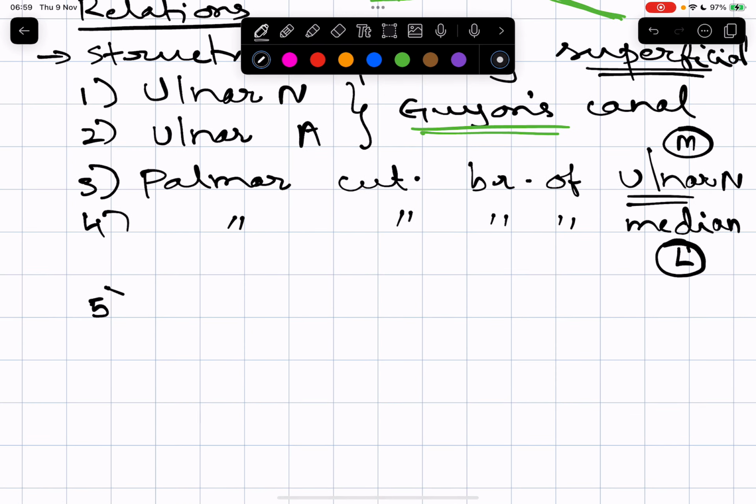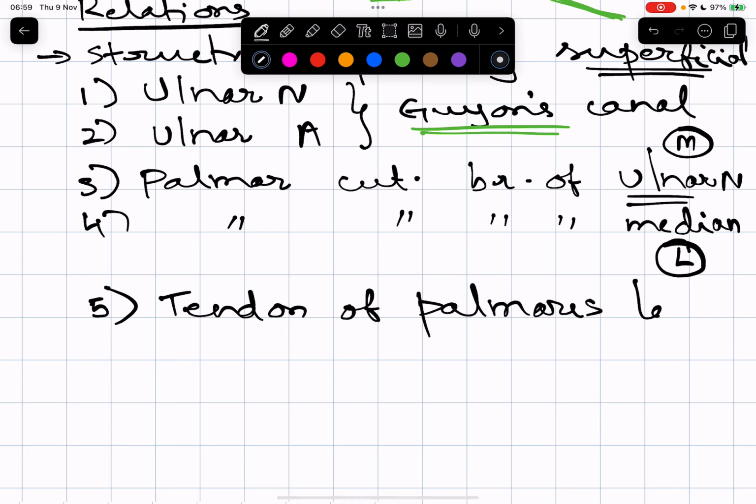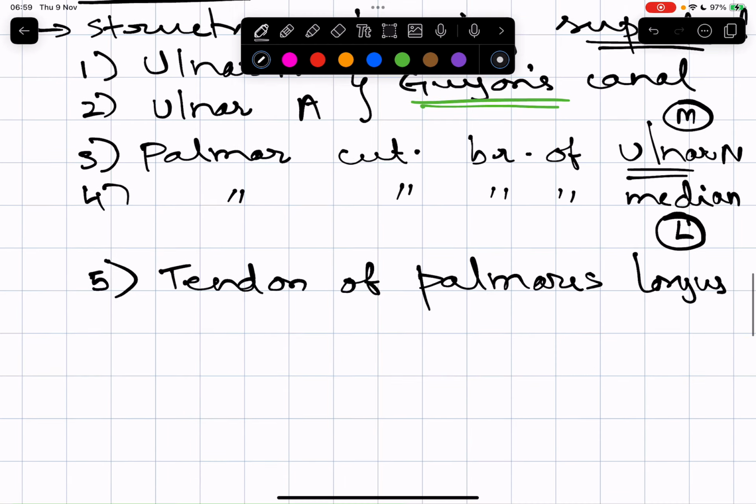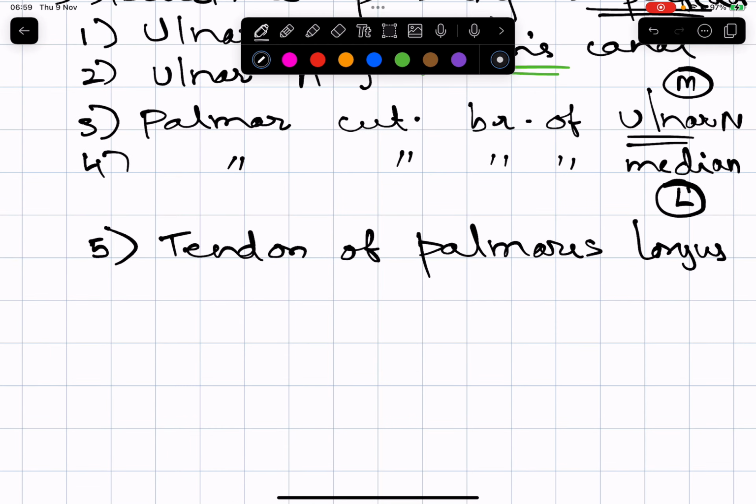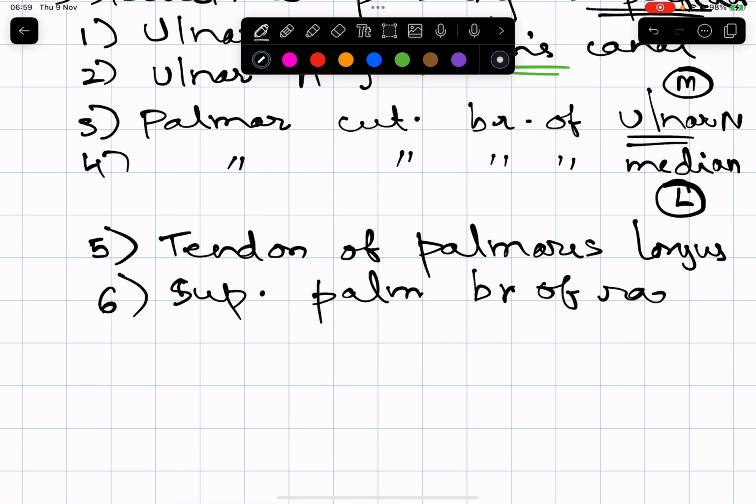Therefore, our fifth structure is the tendon of the palmaris longus. All right, and then we have, more laterally, the superficial palmar branch of the radial artery.